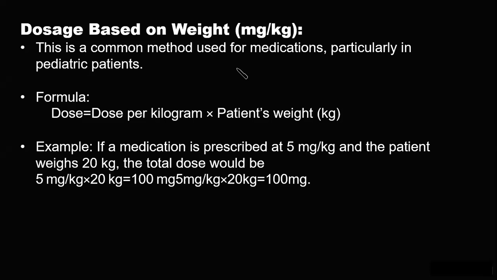So the weight must always be the person's kg. The weight is in kilograms. So the weight of the person times the 5 mg, the prescription. When you get it correctly, at the end of the day, it ends up 100 mg, just as we have here. Milligrams, mg is for milligrams. So it's also important for us to know these abbreviations too, as we progress with this medication.